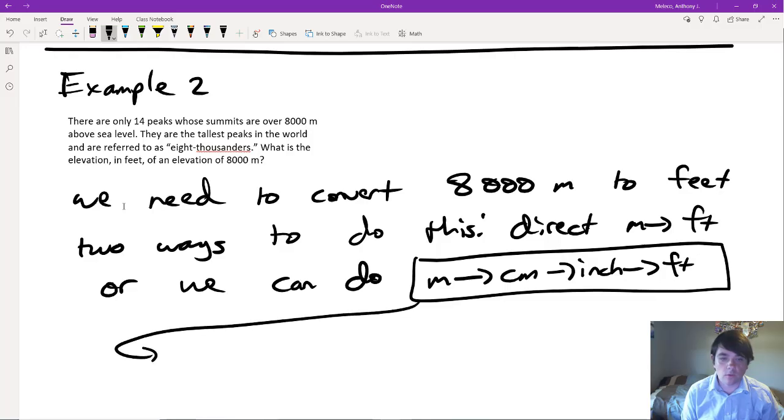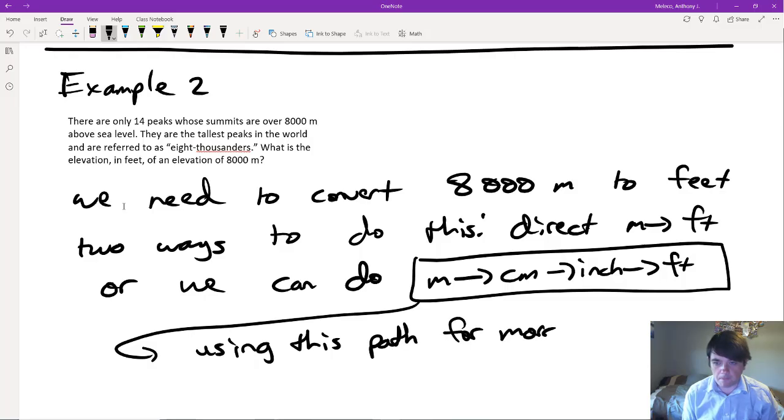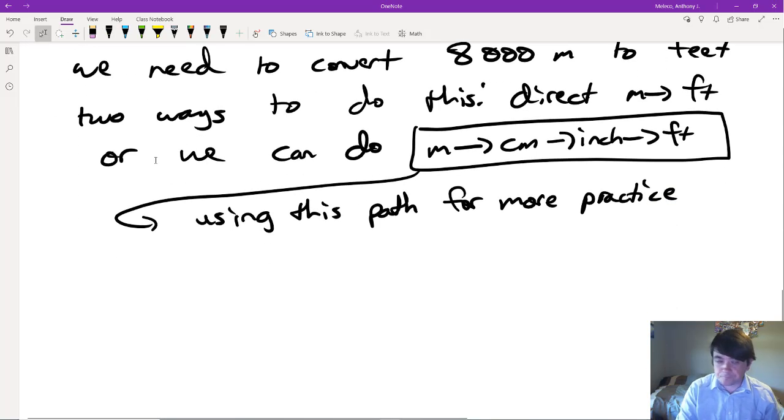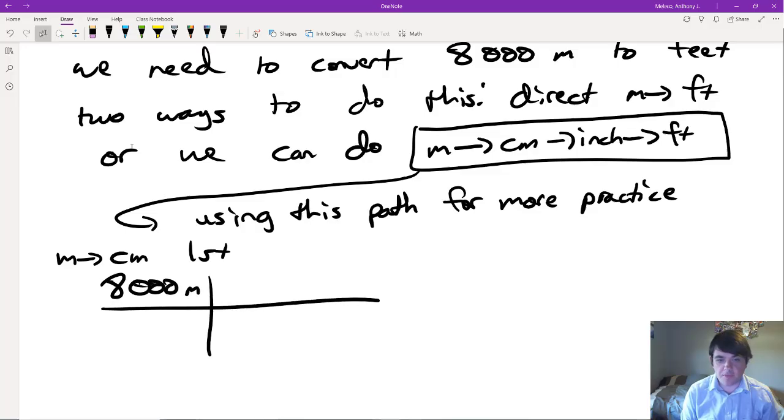So we're going to go meters to centimeters first. So 8,000 meters, and in 1 meter, there are 100 centimeters.